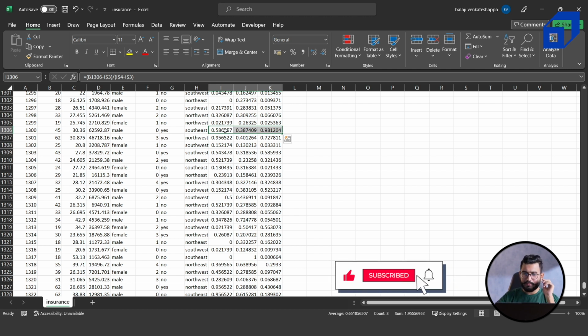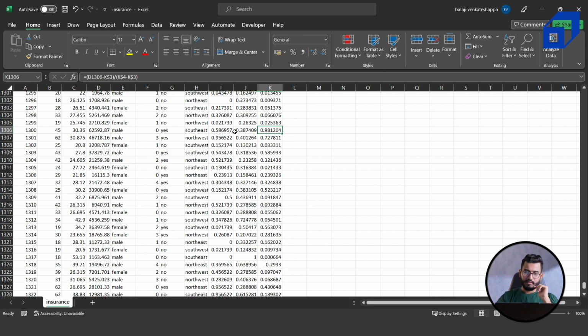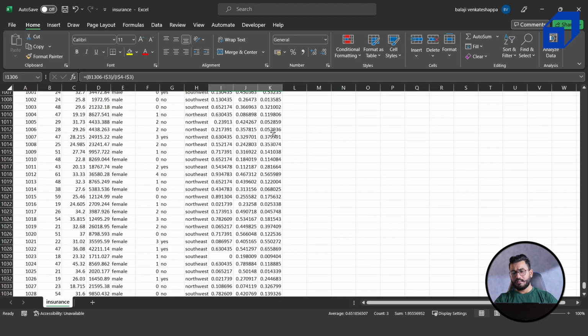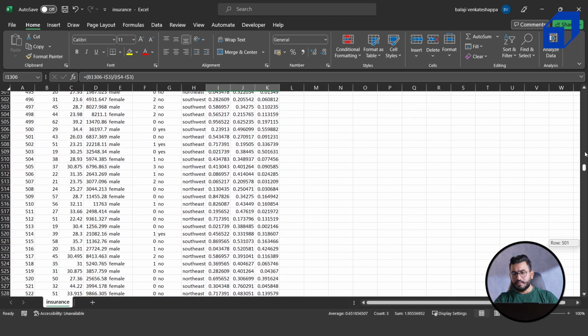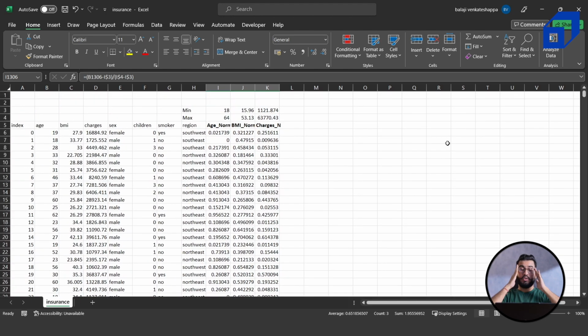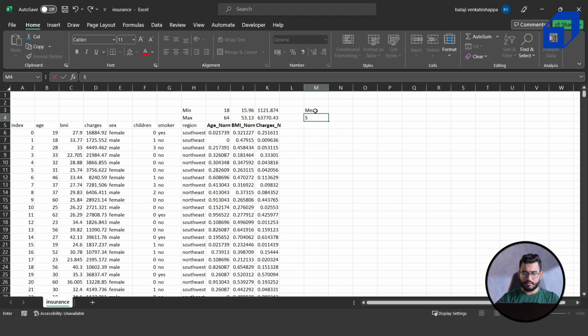The BMI for this person is below average, but the charges are very high for this person. You can see this person, right? So I hope now you are able to understand how to read values in a normalized scale. Normalized means minimum is 0, maximum is 1, and the formula is x minus min divided by max minus min. In Z scaling, which is standardization, we need the average and we need the standard deviation.